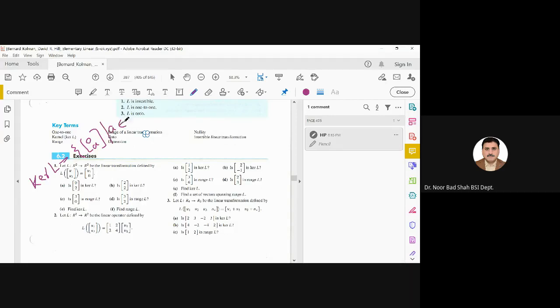Because if you find the kernel of this, it will give you (0, 0). And what about the range? The range contains all vectors whose second component is 0. Okay, so we discussed all these things.